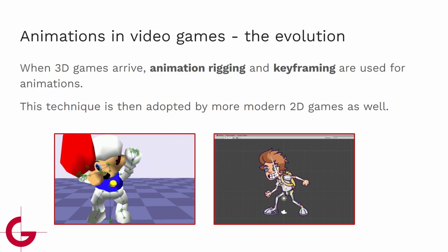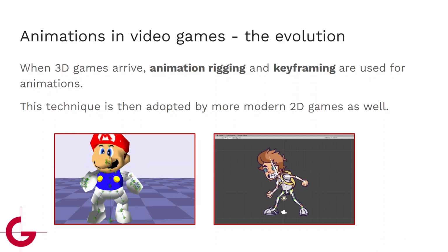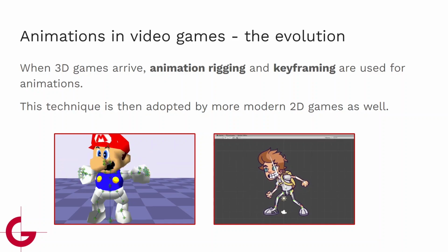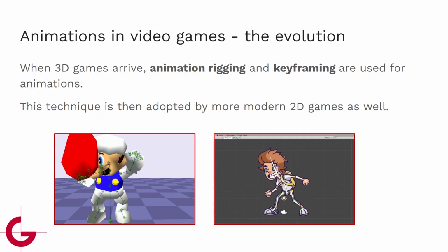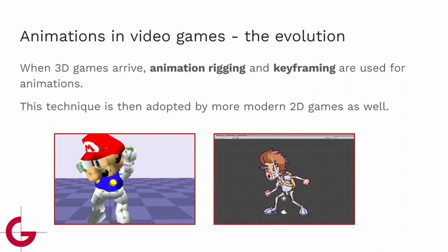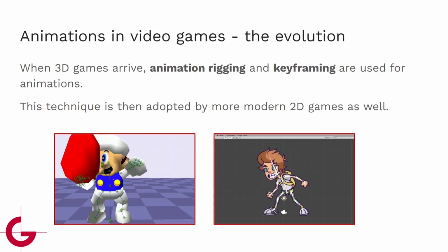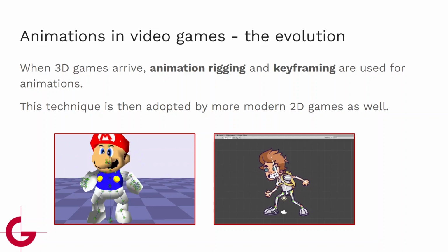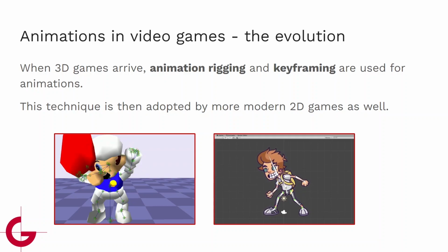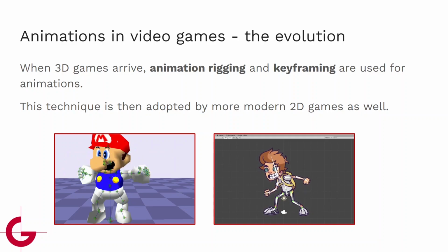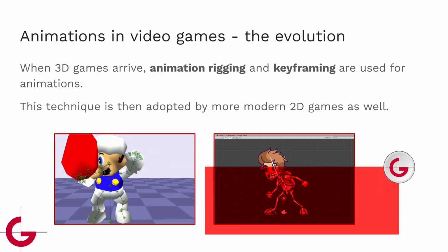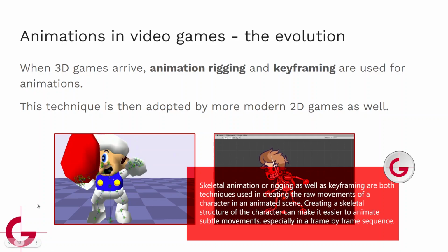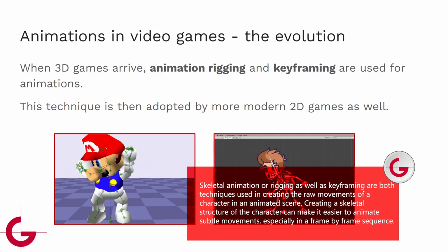And then 3D games arrived on the scene. And then, well, they needed a new technique for animating game objects. So they came up with animation rigging and keyframing. So basically, think of a 3D model as something that is made of different parts of, say, a character body. If you look at Mario here, he's made up of the head, the body, the arms, the hat, and the legs.